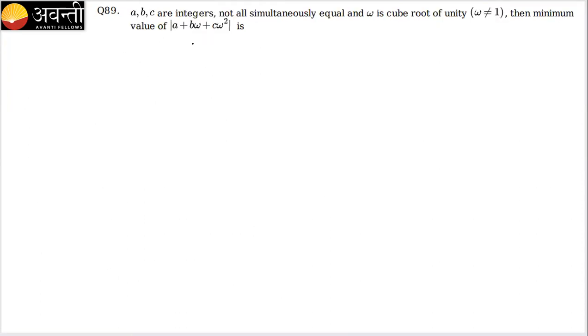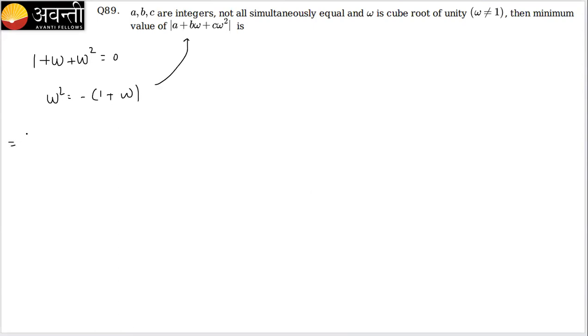This is obviously based on complex numbers. Here we know that 1 plus omega square equals to 0. That means I can write omega square as minus of 1 plus omega. Let's substitute here.